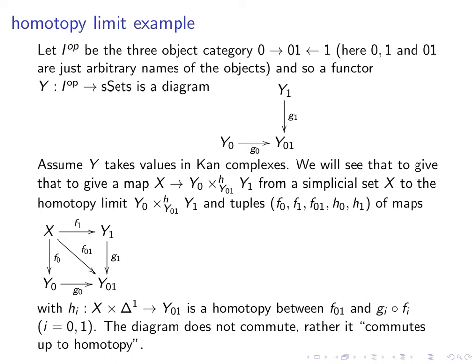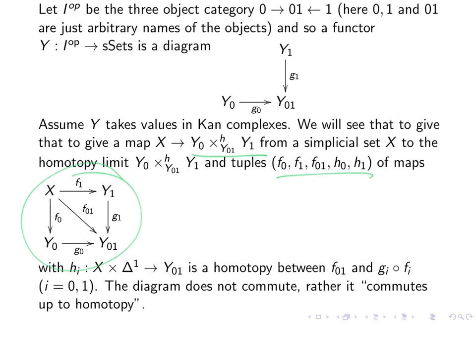We'll see that to give a map from an arbitrary simplicial set x to the homotopy fiber product consists of giving, let's say, 5 maps whose domains and targets are as indicated in this picture here. But this diagram does not commute; rather it homotopy commutes, or commutes up to homotopy.